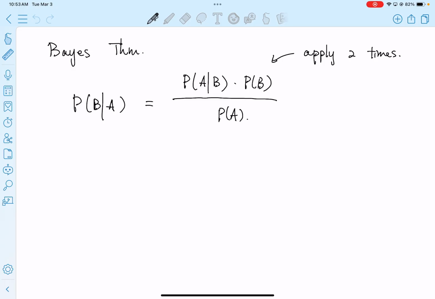I see. I would say the idea of dividing by a probability is that you are only focusing on that event.